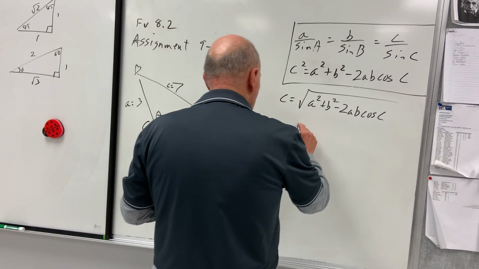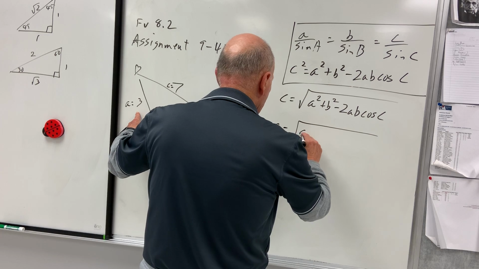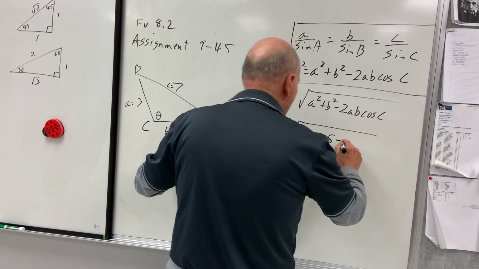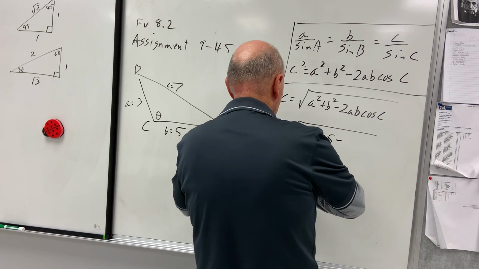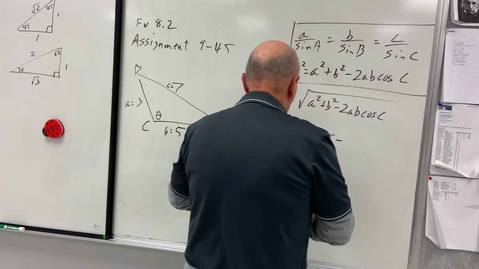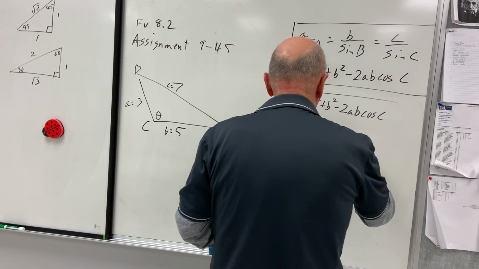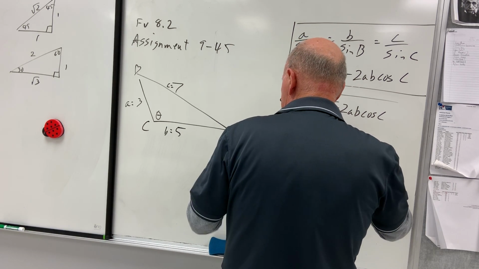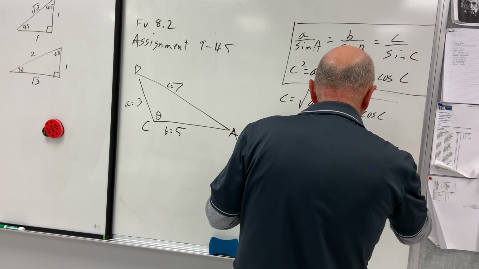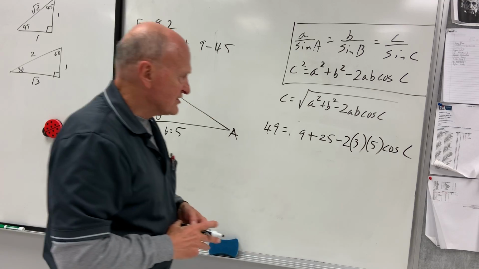So I have a squared, which would be 9, plus b squared, which would be 25, minus 2, a, which is 3, b, which is 5, cosine of c, like so.